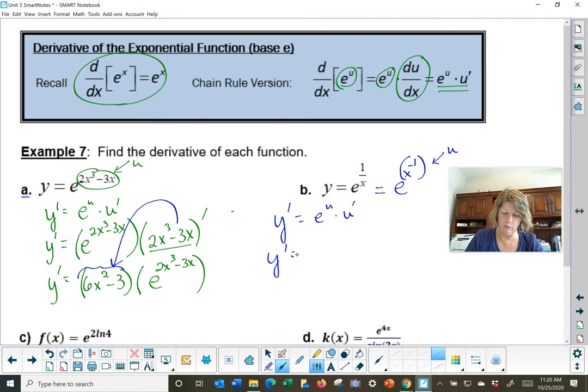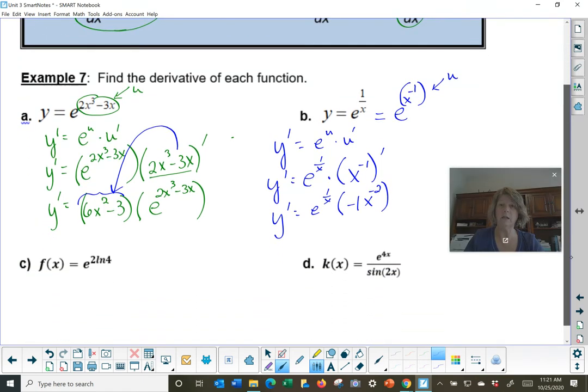Y prime will equal e to the 1 over x times, now what's the derivative of x to the negative 1? Well, its derivative is a negative 1 comes down, and then it goes to a negative 2. So I have e to the 1 over x multiplied by negative 1 x to the negative 2.